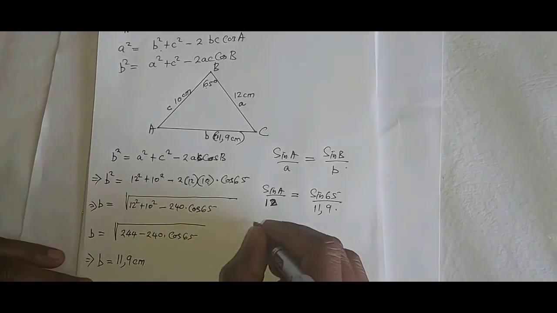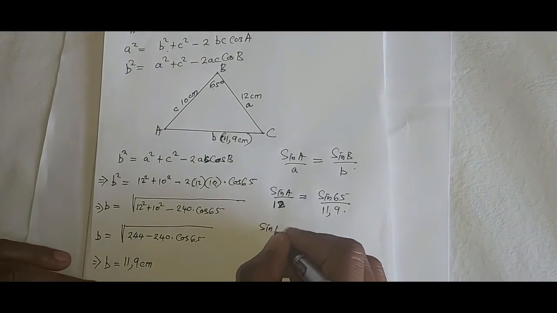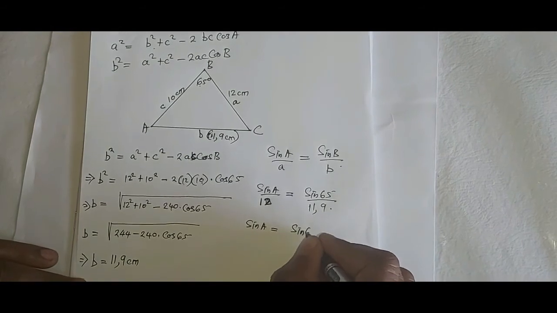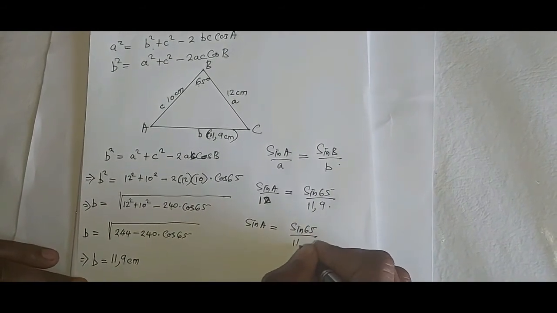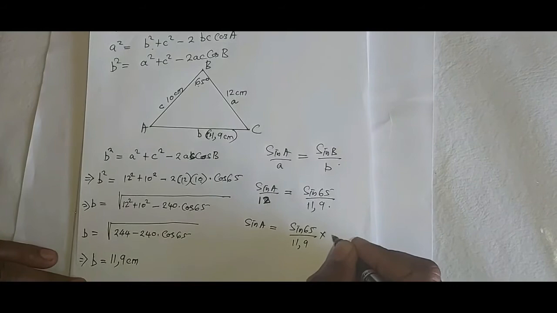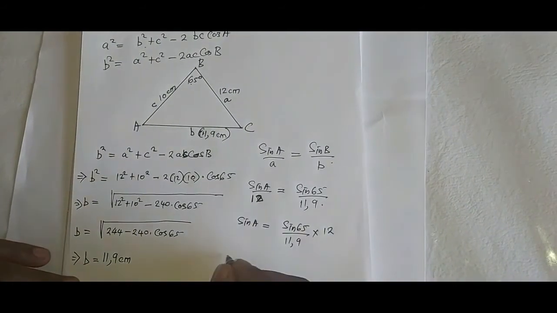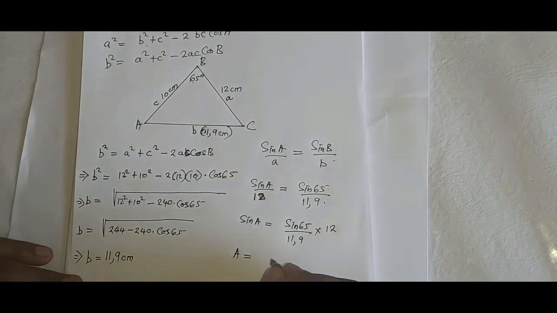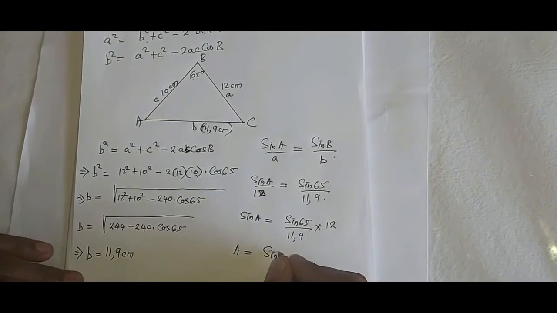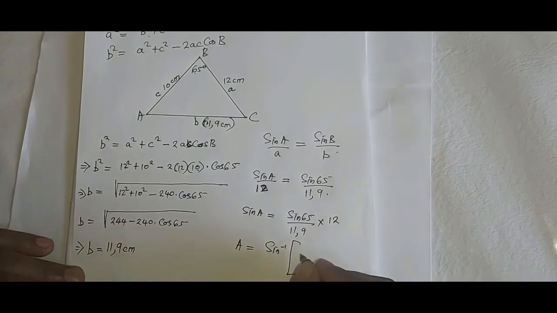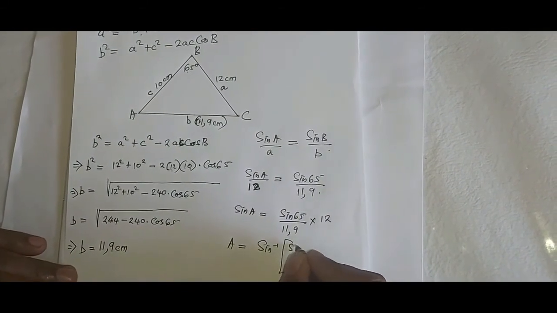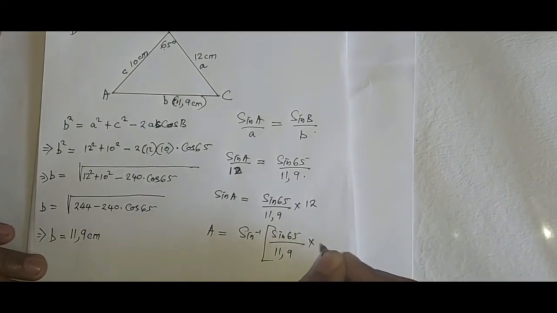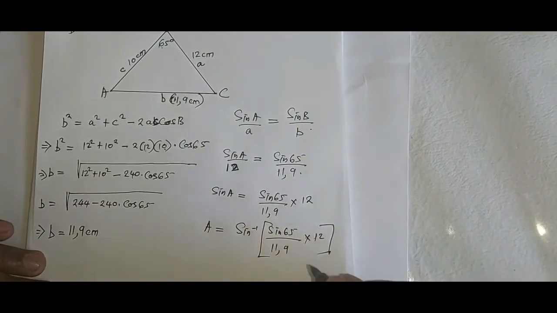That is to say, sine of A is equals to sine of 65 over 11.9 multiplied by 12. And again, that is to say, our A is equals to shift sine of, open bracket, sine 65 over 11.9 multiplied by 12, close bracket.